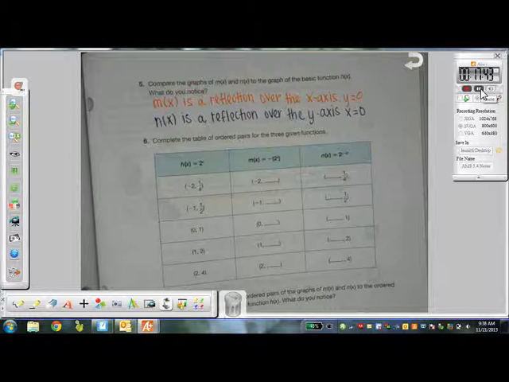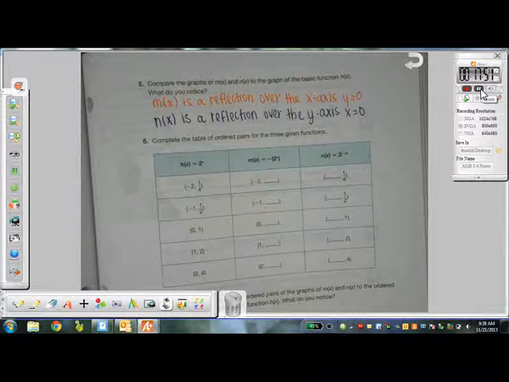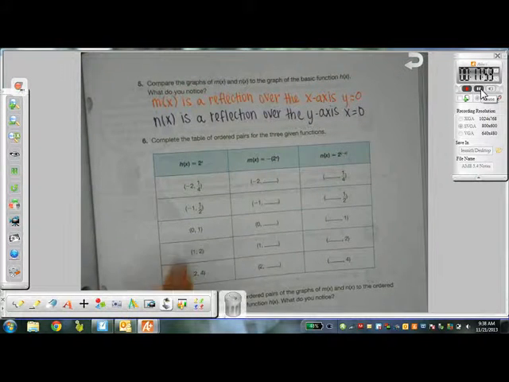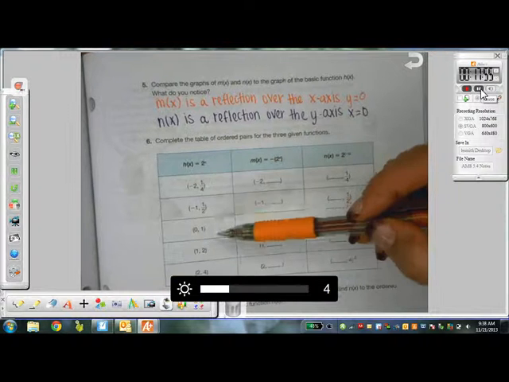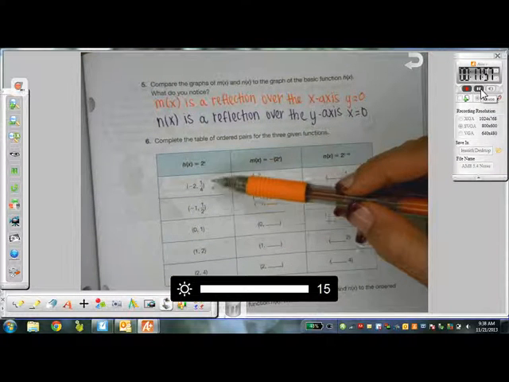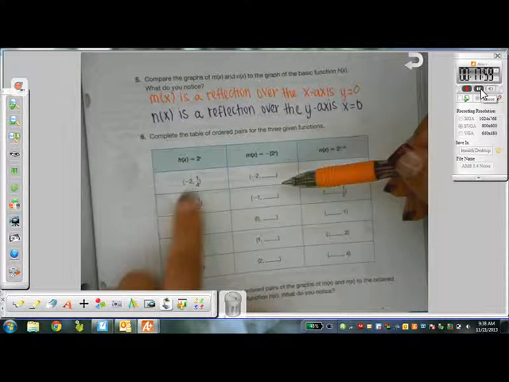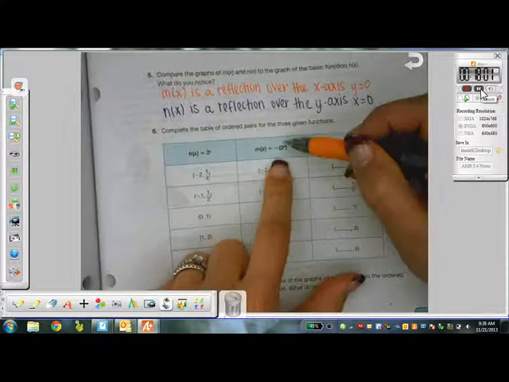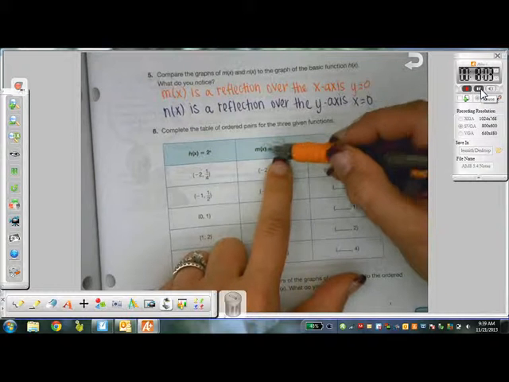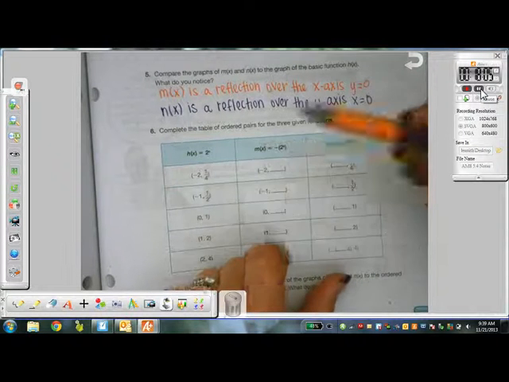And then we're going to fill out the table again. Okay, so here are all of the points for our basic function. And let's look at m of x. We took the result and changed it. So which values were being affected, the x values or the y values? Let's think about it.